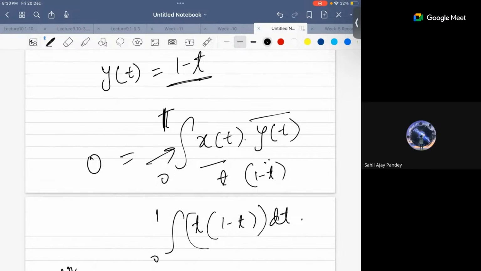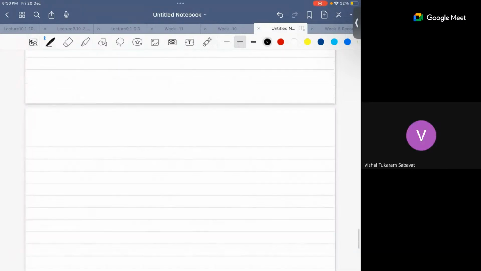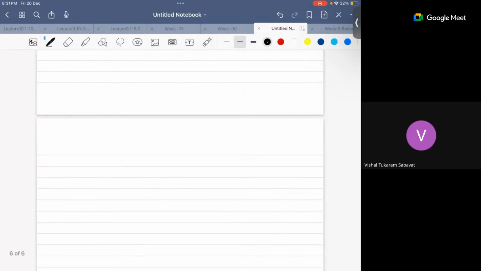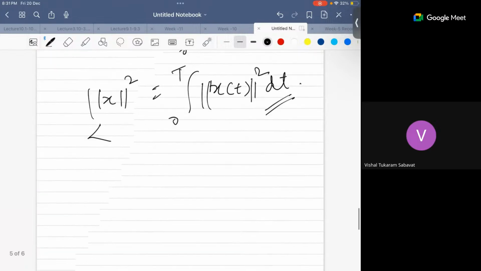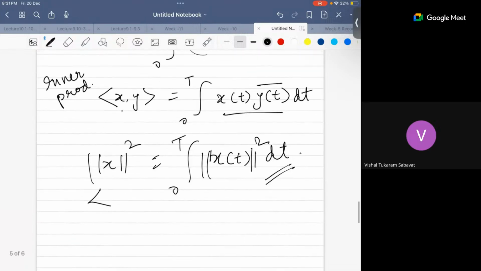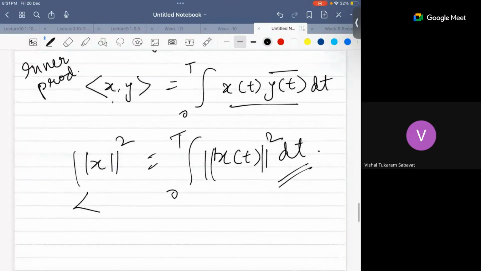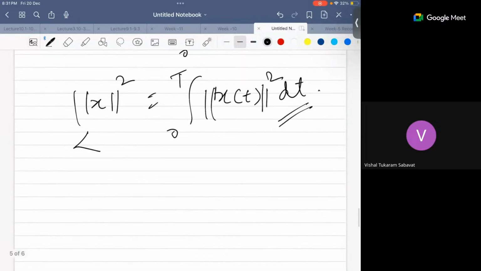Excuse me, sir. In the inner product question, the part which we just covered, it was supposed to be x of t into y of t, the whole bar, or the bar of y of t. Since y of t is 1 minus t, would it be 1 plus t?